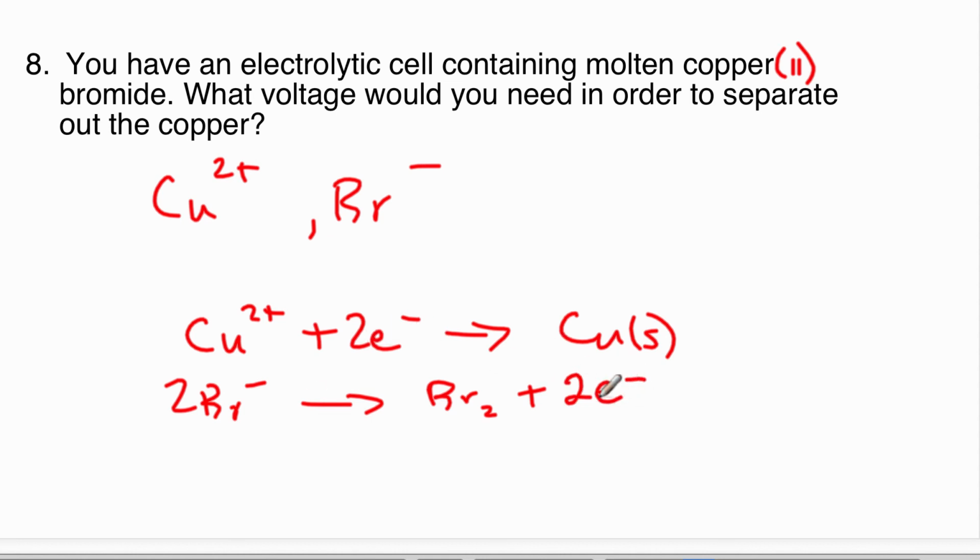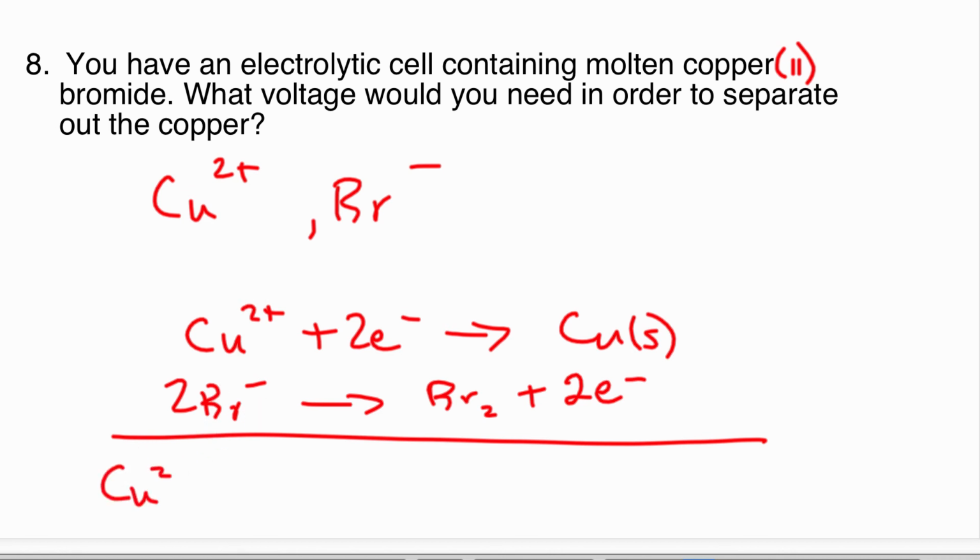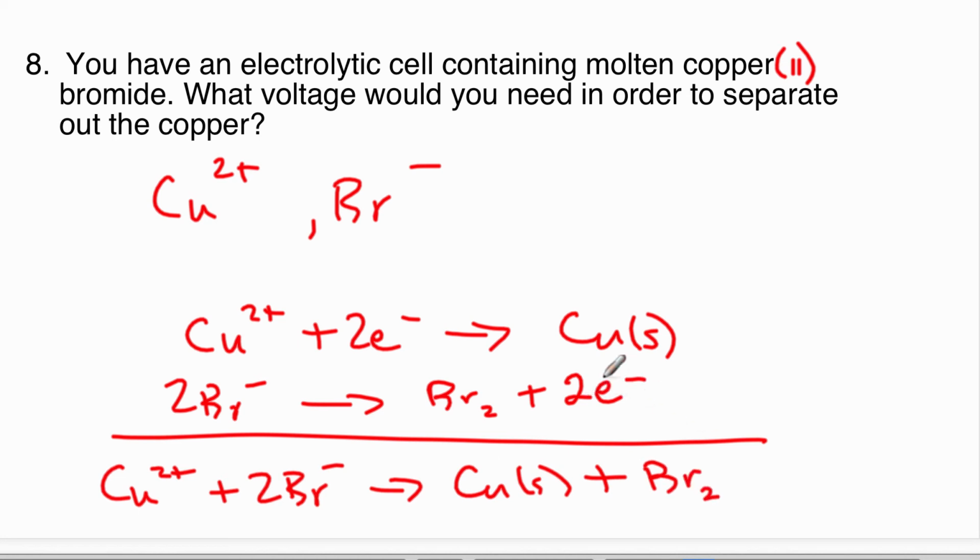Fortunately, they're both 2 electrons, so I can write that out. The question actually just asked what the voltage is, but might as well write the thing out. So copper 2 plus ions plus bromide ion will produce copper solid plus bromine, and the electrons cancel.